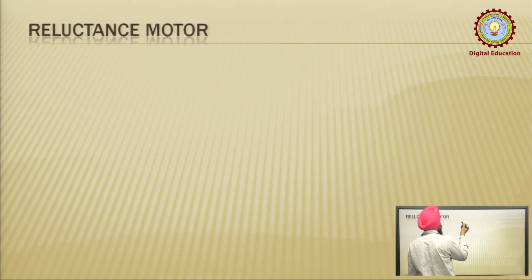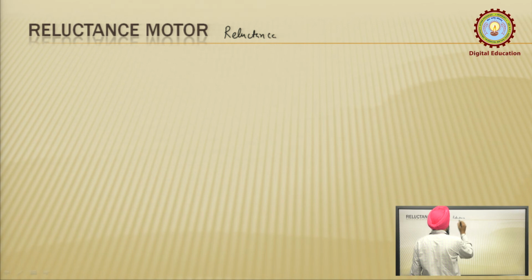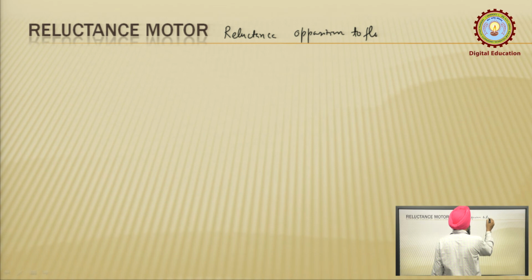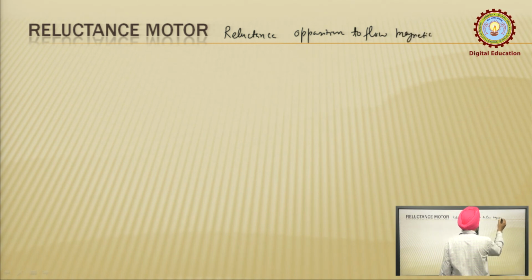We have already discussed in the magnetic circuit what reluctance is. Reluctance can be defined as opposition to the flow of magnetic flux.